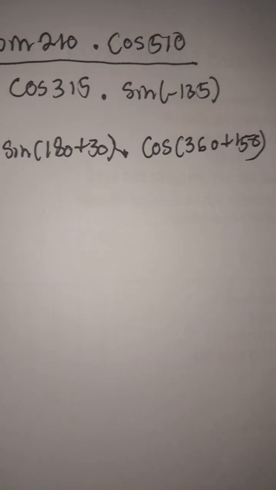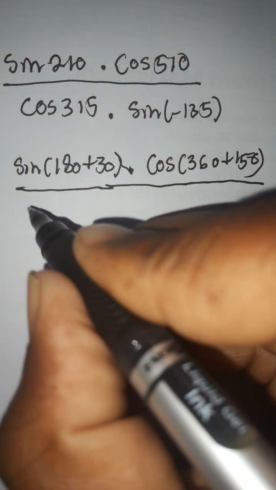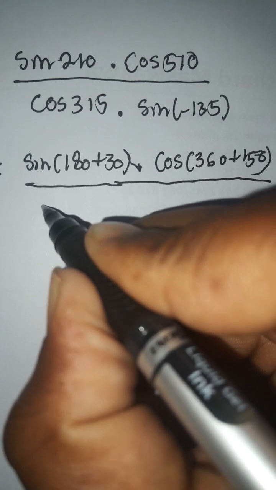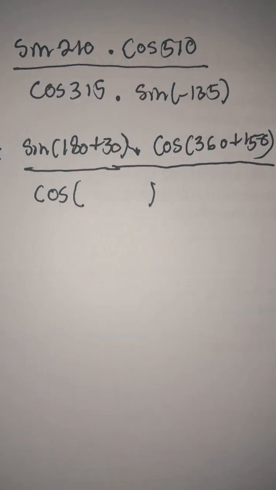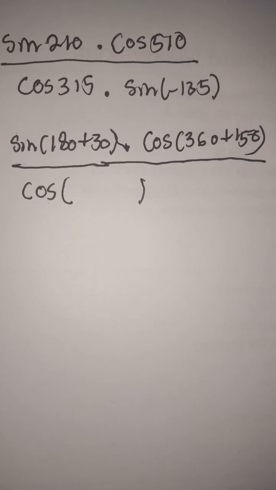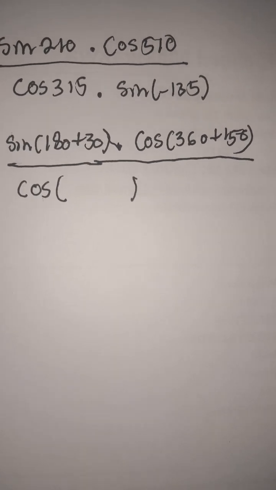So we are having cos of 360 plus 150. You see, guys? That's how it should be in the numerator. So let's go to cos 315. If we say 360 minus 315, what are we having?